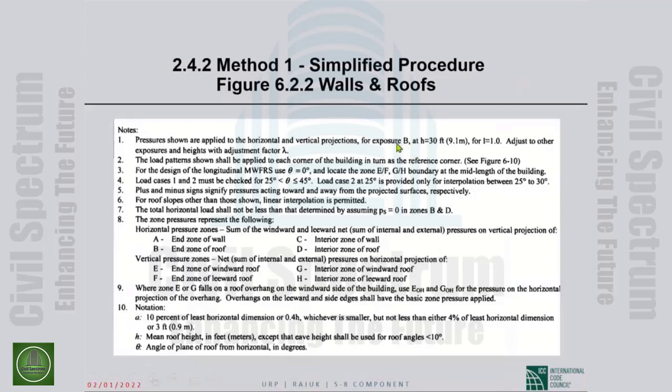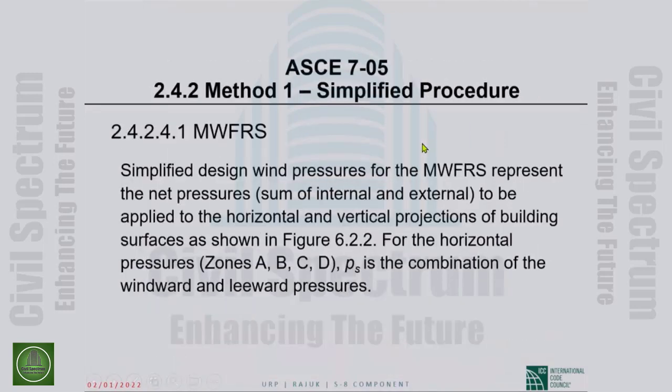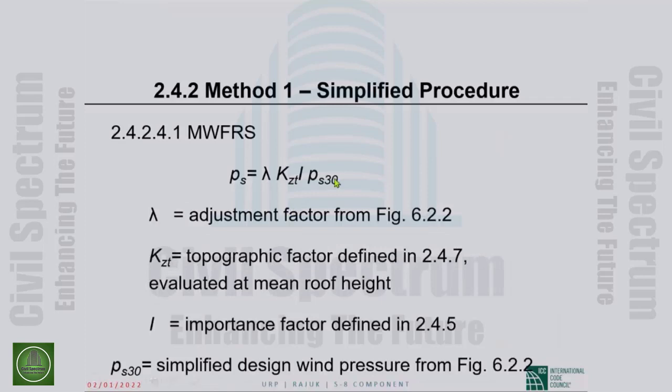So the pressures that are given, the PS30, are for exposure B and mean roof height of 30 feet. This is why it is called PS30.